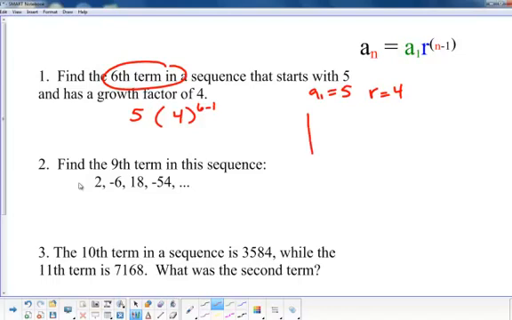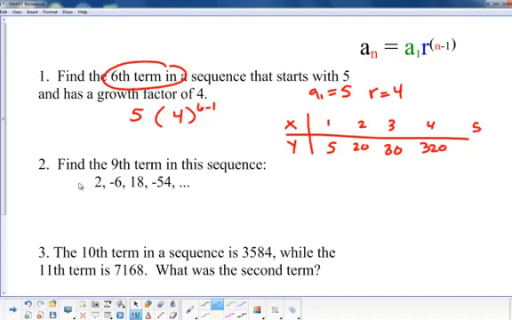We can put all that in the calculator just to make sure you're understanding exactly what's going on. Our first term is 5, and then every single time we're multiplying by 4. So our second term would be 20. Our third term would be 80. Our fourth term would be 320.